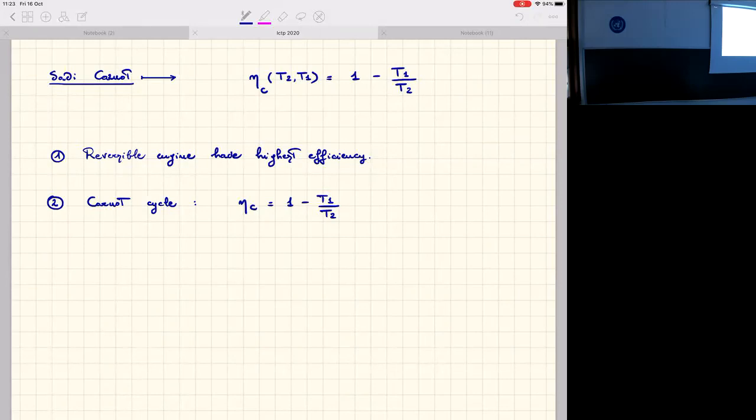Okay? Now, this is a very interesting and non-trivial statement. I remember that when I was in high school, I was very disturbed by the fact that you could not get something with higher efficiency than the Carnot efficiency.